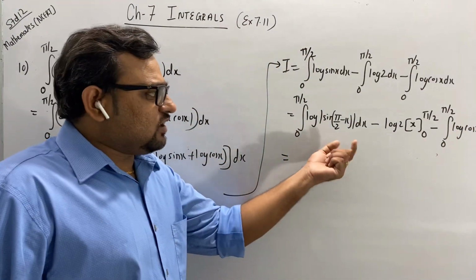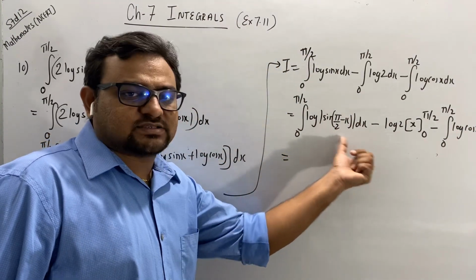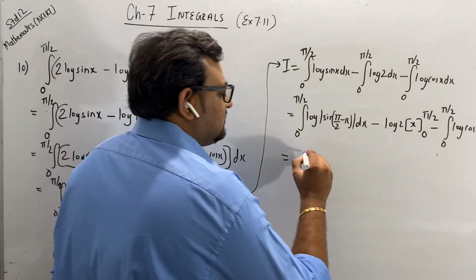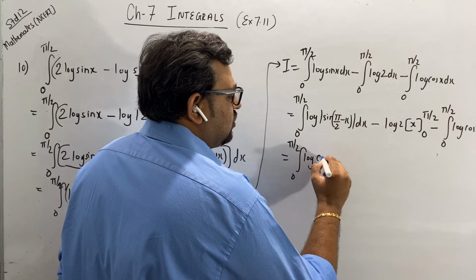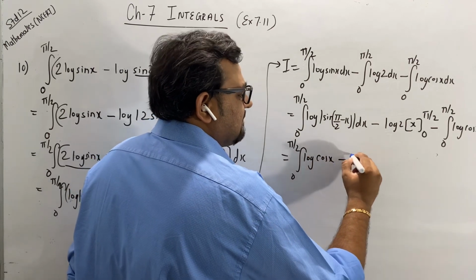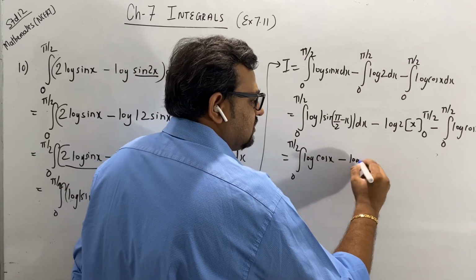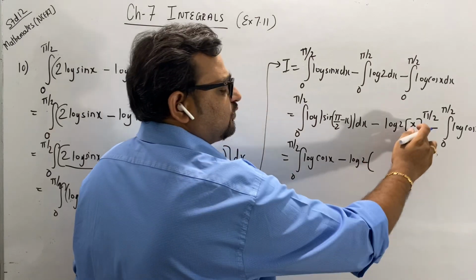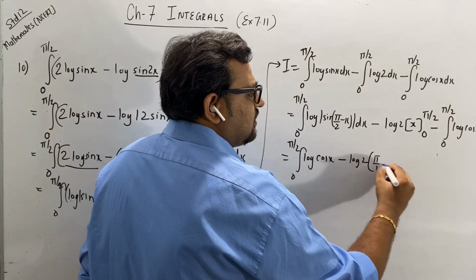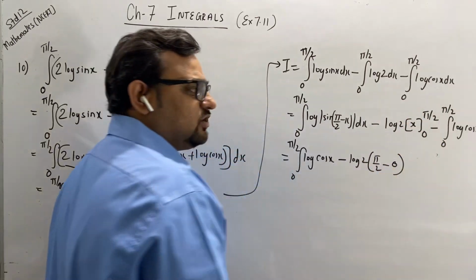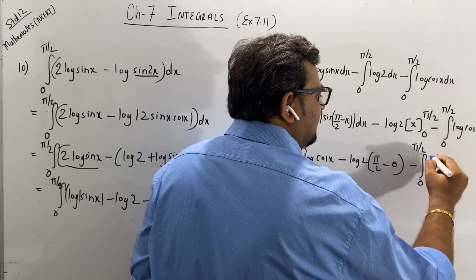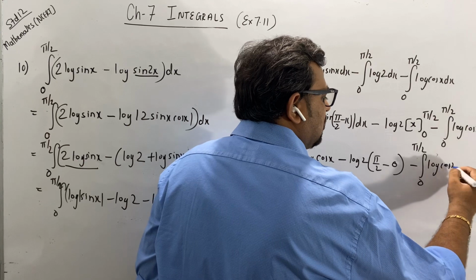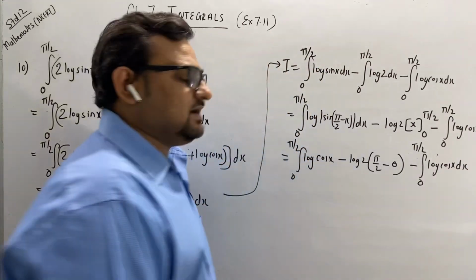Clear? So now what is sin of pi by 2 minus x? Cos x. So the integral from 0 to pi by 2 of log cos x minus log 2. Okay, I'll put this value first, pi by 2 minus 0, minus the integral from 0 to pi by 2 of log cos x dx.